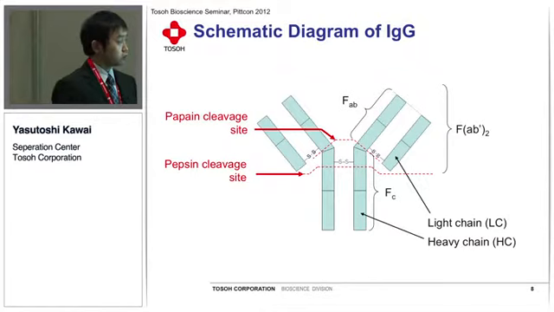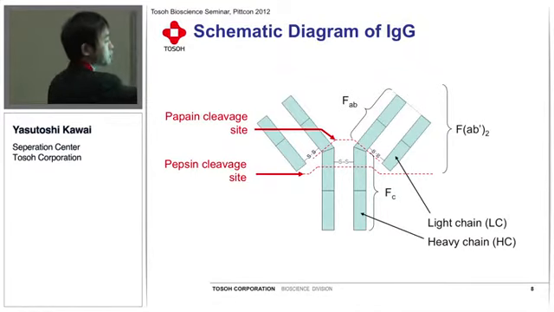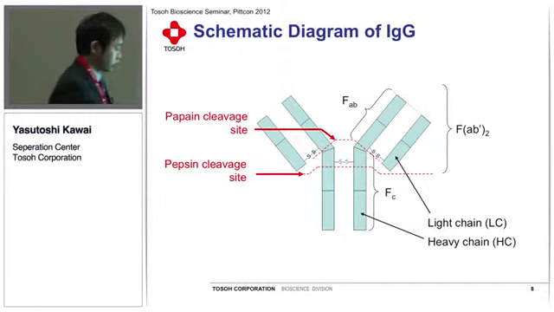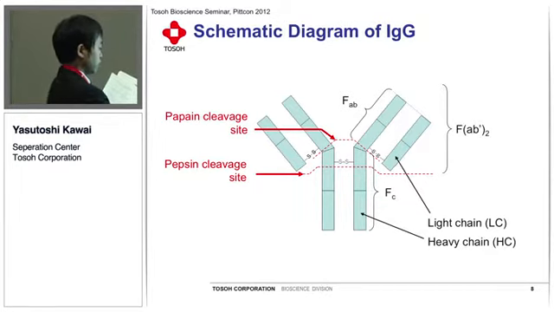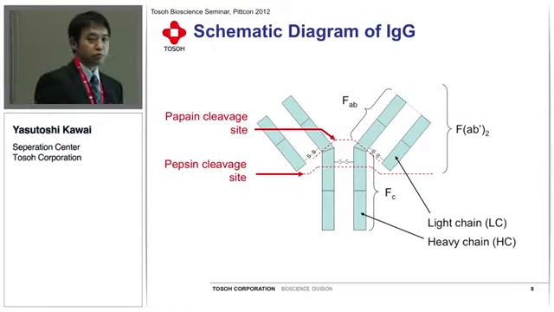Papain digestion yields 2 Fab fragments and 1 Fc fragment. In contrast, pepsin digestion yields 1 Fab2 fragment, and in this case, the Fc region is further digested into subfragments.